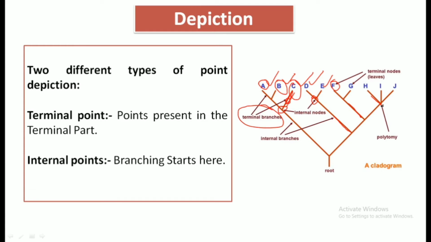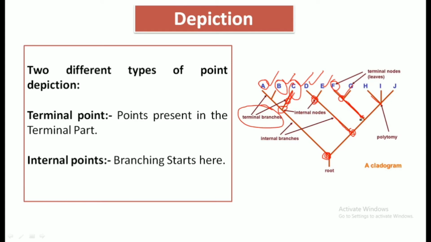From this internal point you can see that there is branching going on. These are the internal nodes, internal branches, and from the internal nodes the branching is going on towards the terminal points. These internal points depict the common ancestor. This internal node depicts a common ancestor. Here also the internal points depict the common ancestor.